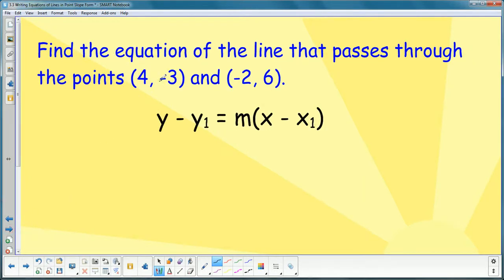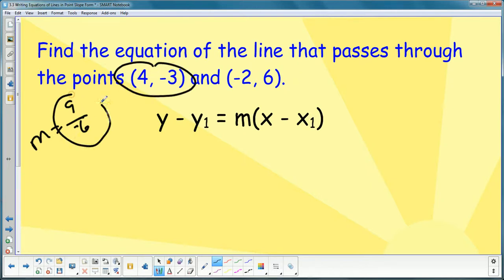If we go back then to that problem, since we just found our slope is 9 over -6, now we can plug into this equation. And it doesn't matter which point I use. I'm going to use these 2 things together to plug in.